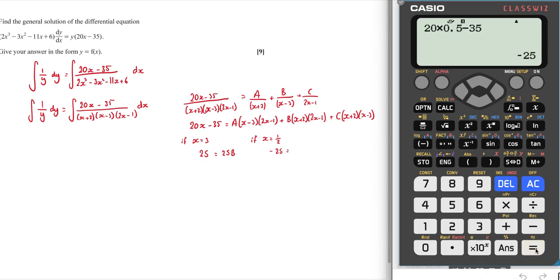And then I'm going to lose my bracket for A, I'm going to lose my bracket for B. So I'm just going to get the brackets for C, which are going to be 0.5 plus 2. And then I've got 0.5 take 3. Which is minus 25 over 4.